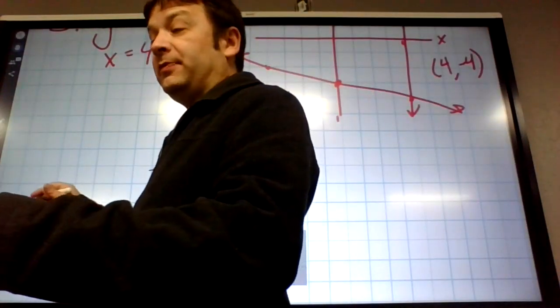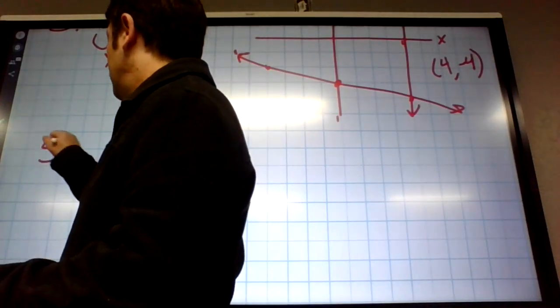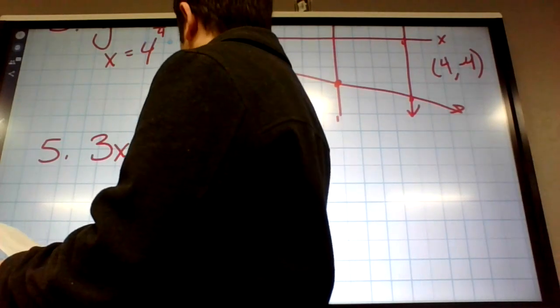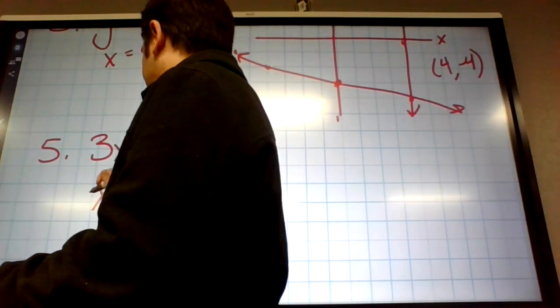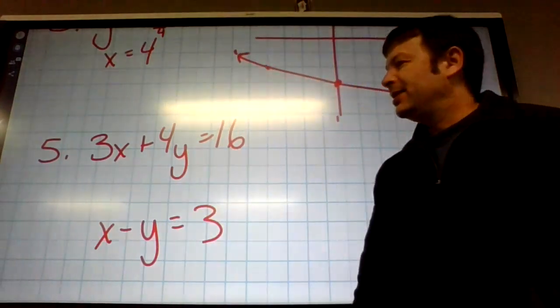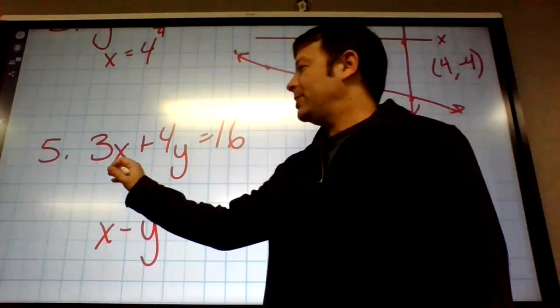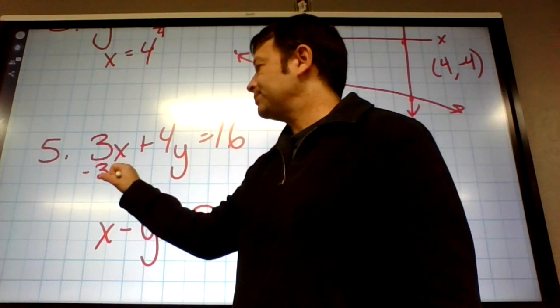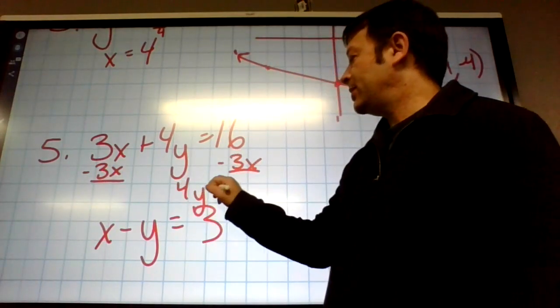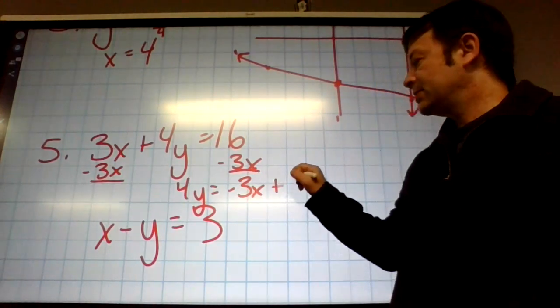Okay, number 5. What's different about number 5? It's in standard form, not slope-intercept form, so we're going to have to change it. Get y by itself. How do I get y by itself? Subtract x. So we got 4y equals negative 3x.